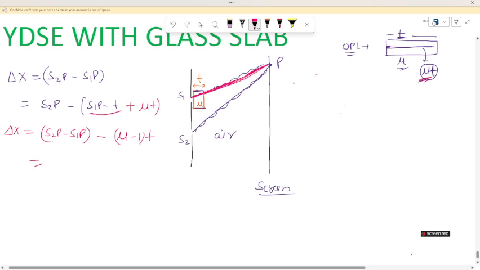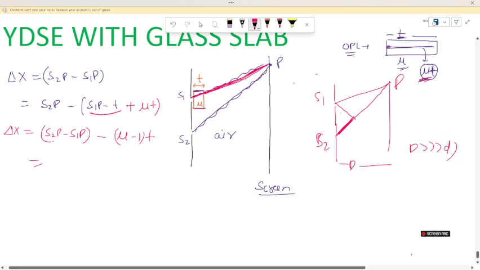Now what is S2P minus S1P? This we can calculate from YDSE, how much this gap will be. This gap turns out to be this distance because big D is very much greater than small d.